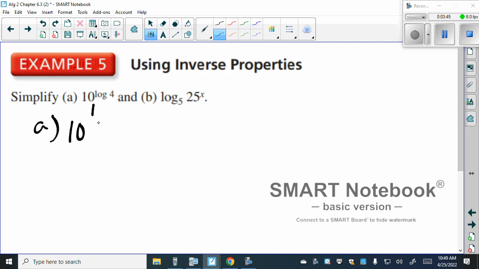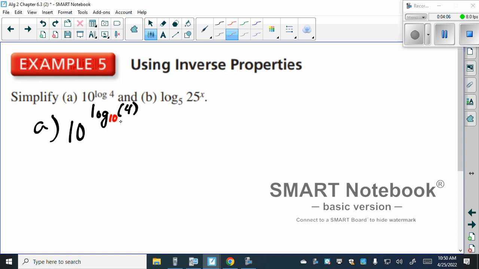We have 10 to the log of 4. I didn't specifically state this on Wednesday: whenever a logarithm does not have the base written, it's understood to be 10.